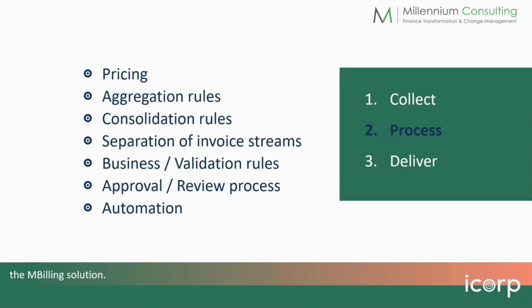Think about validation rules, approval review process, separation of invoice streams. It might be really obvious that there's only a single stream, but most of the times the ingredients are coming from multiple sources and need to be processed in their own invoice stream at several different moments here. So this is really where the knowledge of your business process takes place.